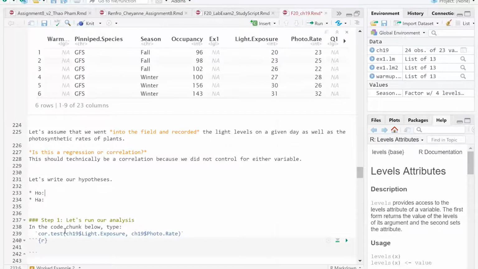When we do a correlation, we're checking to see if our correlation coefficient, cor or r or rho, is equal to 0 for our null hypothesis. If our correlation coefficient is equal to 0, that means there is no association between light exposure and photosynthetic rate.